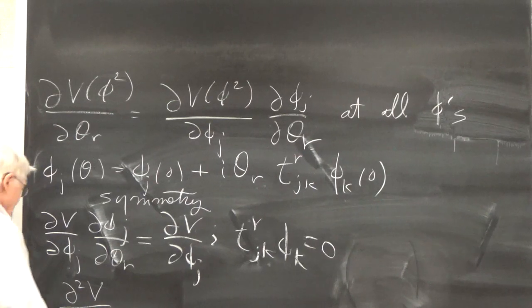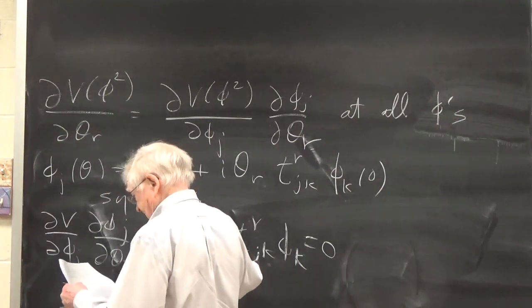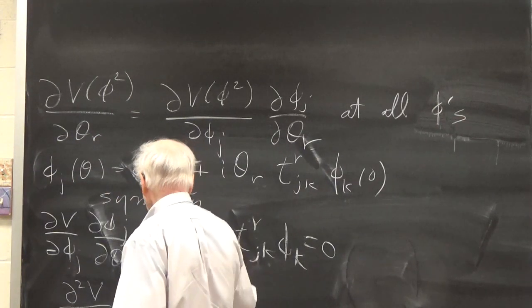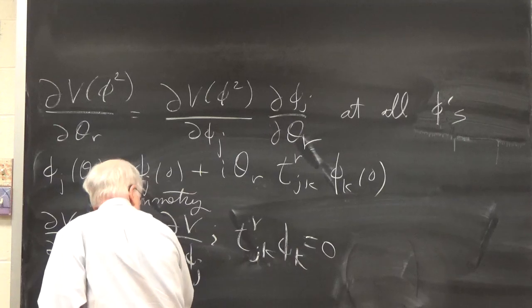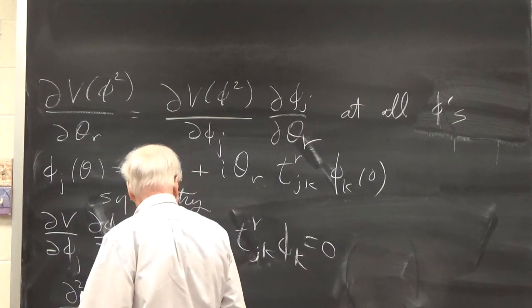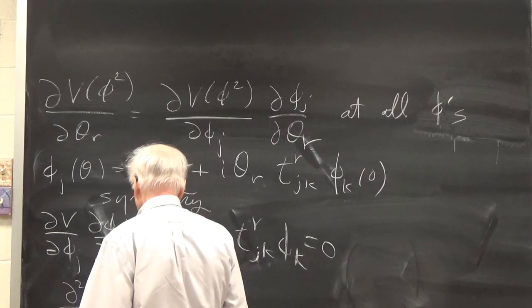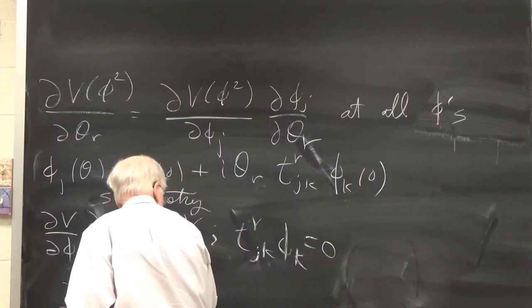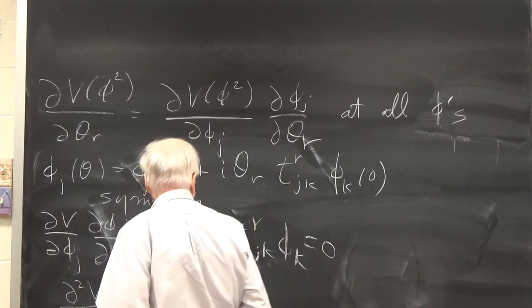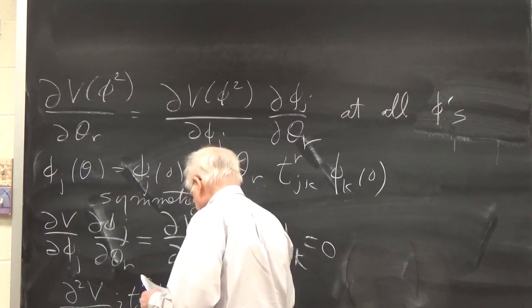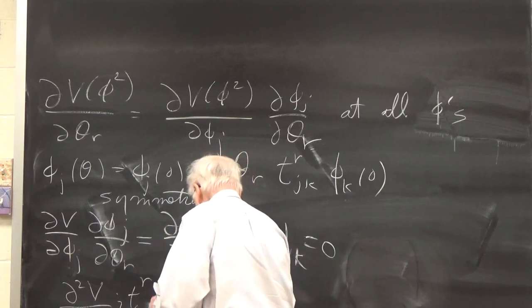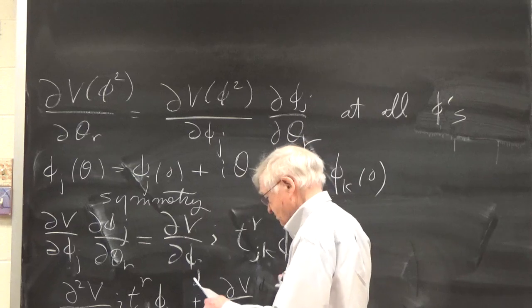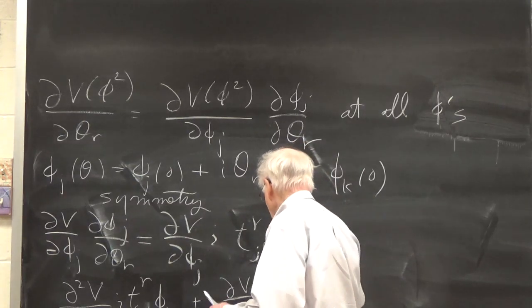We differentiate this with respect to phi_L, and what we get is i T_R,JK phi_K, plus partial B over partial phi_J, and now differentiating this with respect to phi_L, we get i T_R,JL.